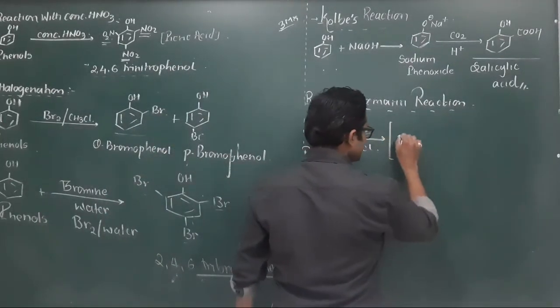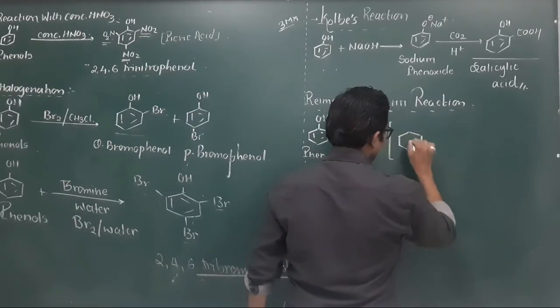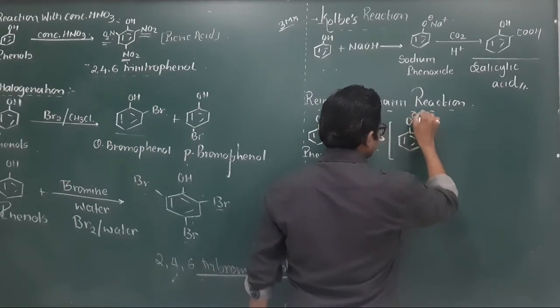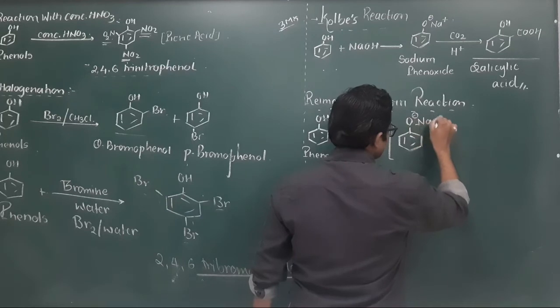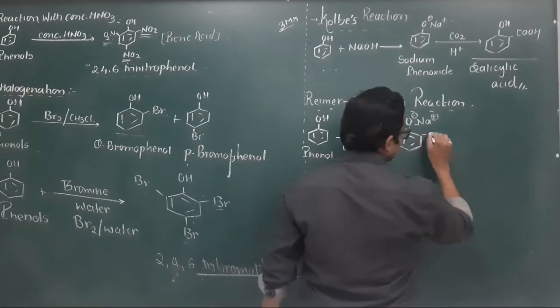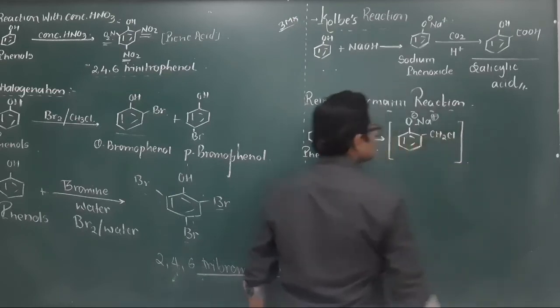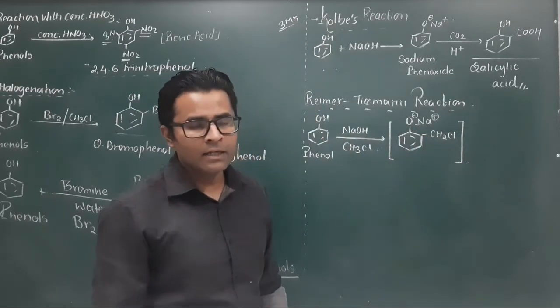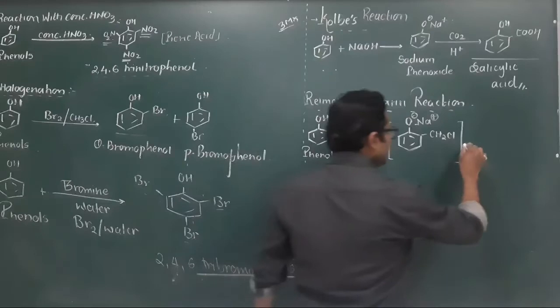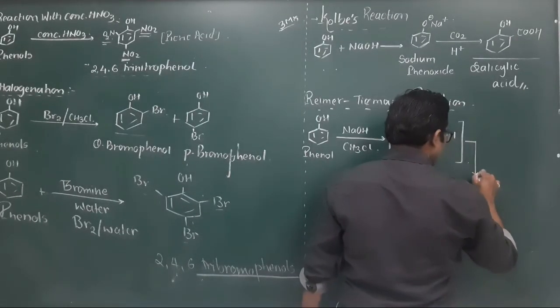This intermediate, O minus Na plus, of course, has CH2Cl over here, a substituted benzyl chloride.